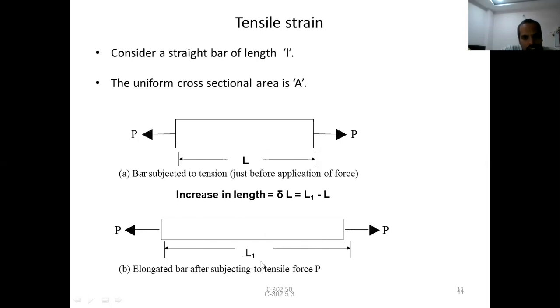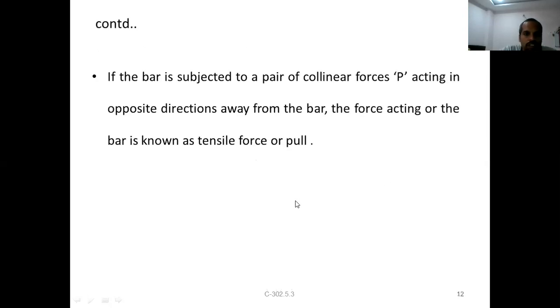Initial length is L and final length is L1. Now, what is the change in length? Change in length is equal to final length minus initial length, since it has increased. So that is nothing but change in length. The change in length by original length will give the strain.